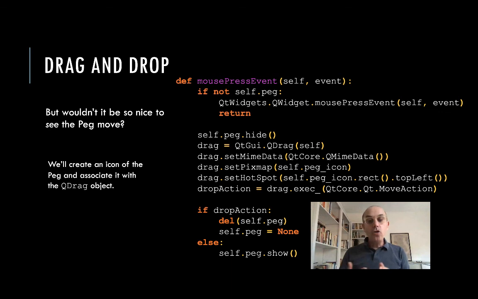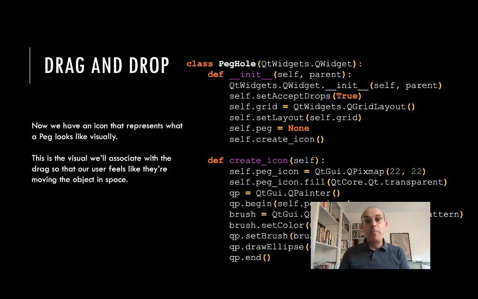So basically, once again, the drag and drop. We can also clean up the events a little bit and try to make them more accurate and more concise. But it will not be so nice to see the peg move. So we will create an icon of the peg and associate it with the drag object in order for us to apply it.